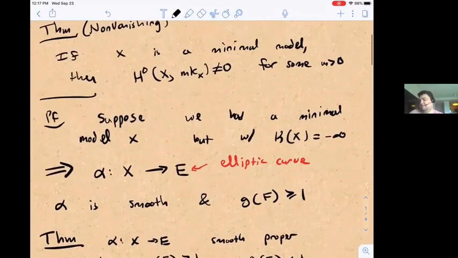The classical proof, basically, you have this alpha, and then you construct a different elliptic fibration on X using the fibers of this particular alpha. And there's some very clever but technical construction to do this, and then you derive a contradiction from the existence of this other elliptic fibration.